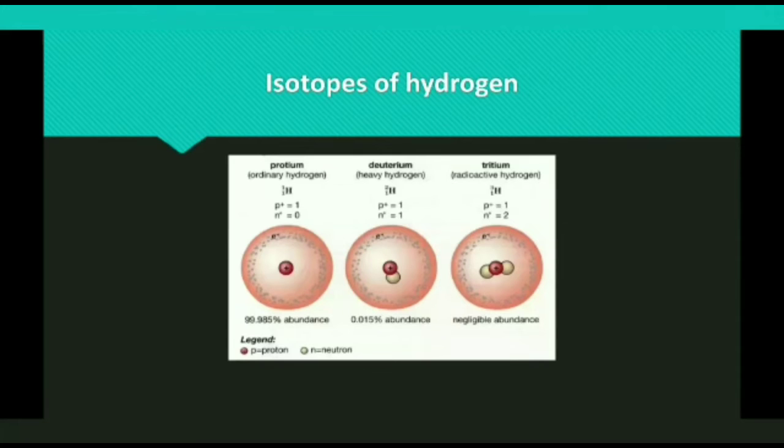But for all the isotopes of hydrogen, the mass number is different: protium has mass number 1, deuterium mass number 2, tritium mass number 3. All the atomic numbers are the same, the mass number is different. These are the isotopes.